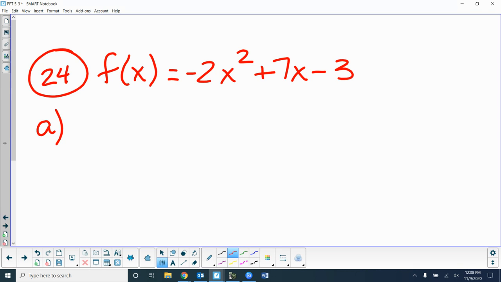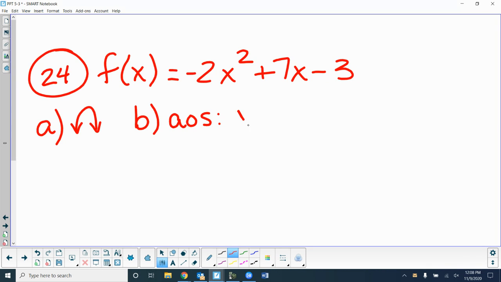Got a negative attitude, frown, right? So we're looking at this A value. What's my B value? 7. What's my C value? -3. Okay? So, the first thing we did, figured out opens up or down. Then we had to figure out axis of symmetry, AOS.